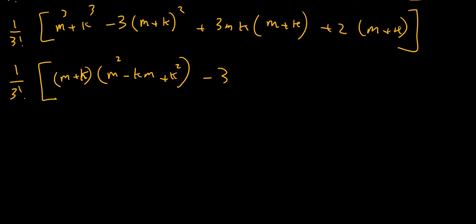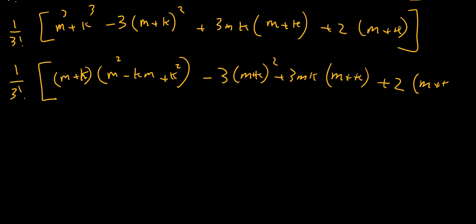Subtract 3mk, plus 3mk times m plus k, and then finally 2 times m plus k. So we are slowly getting there. Hope you can see now that we have a common factor, which is m plus k. So we're slowly getting the right hand side looking like the left hand side.